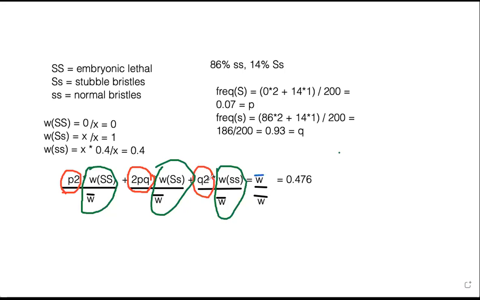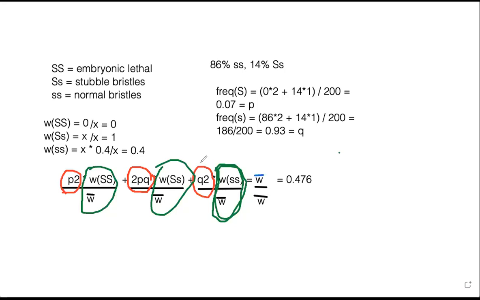And for q squared right here, q squared would be the frequency of normal bristled flies with no selection, but we're taking that and multiplying it by 0.4 divided by 0.476. Numerator's less than the denominator, so this is going to be less than 1, and multiplying a number by something less than 1, your answer is smaller than what you started with, right?